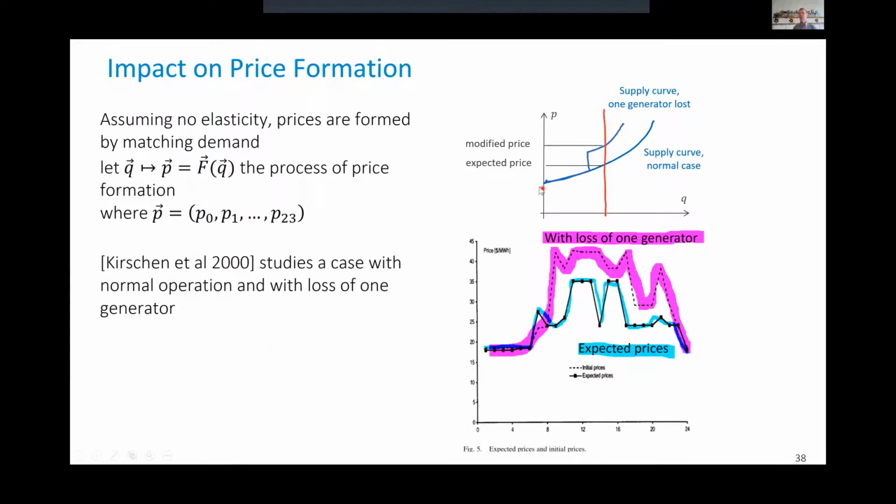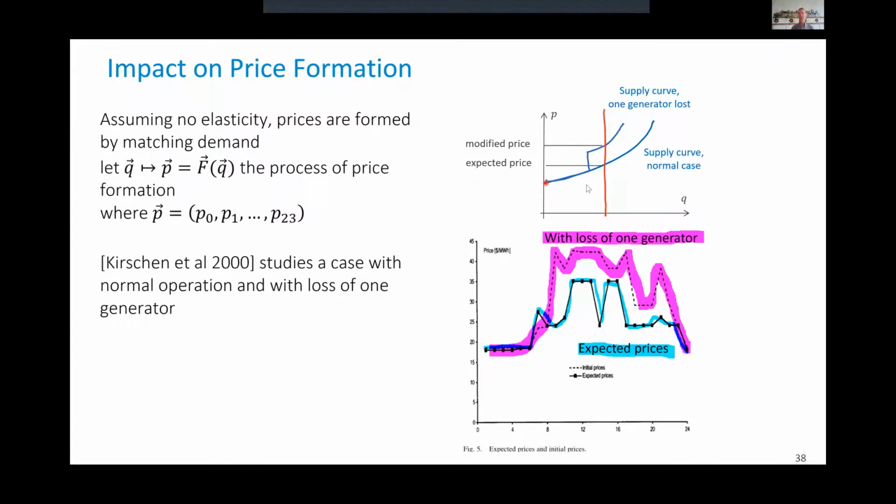So if we think again about how the price is affected, the goal of this paper is to look at the impact on price formation. What is the impact on price if users react in this or that way? Remember, we had this price problem in Norway due to transmission capacity.